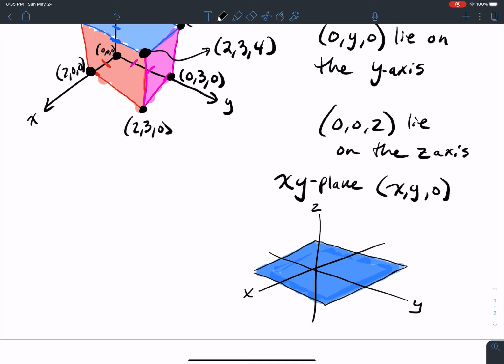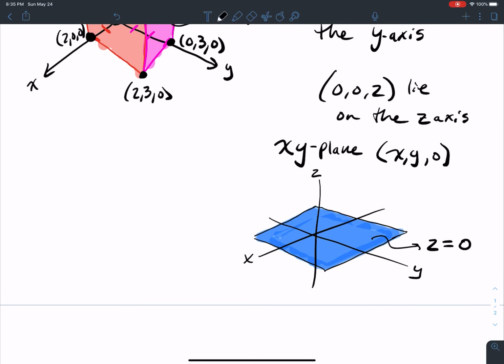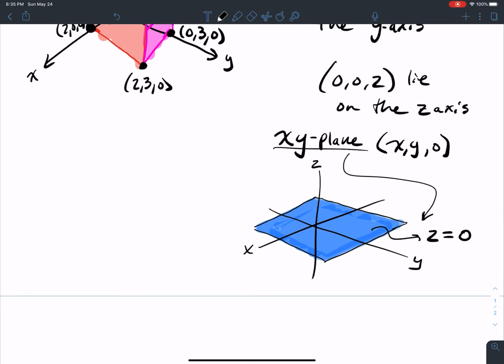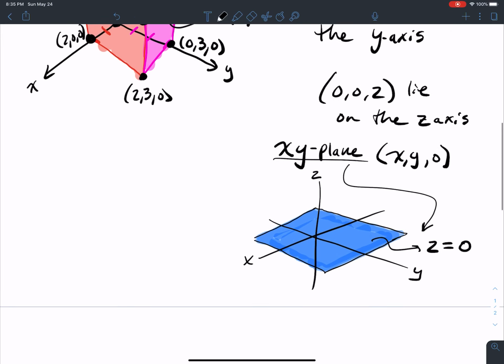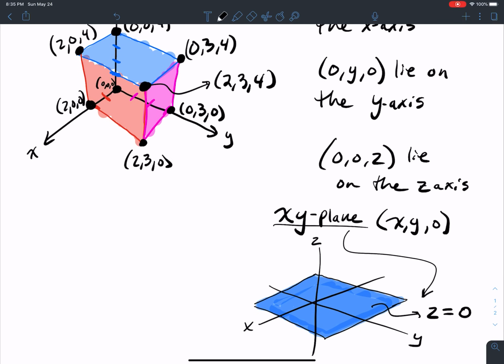So the xy plane is the equation z equals 0. You can think of the xy plane as a sheet of paper, and xyz as three-dimensional space, like a cube.